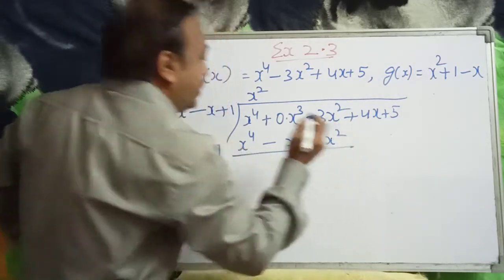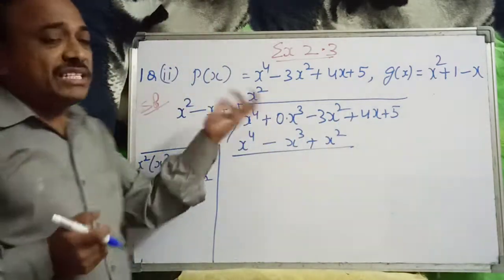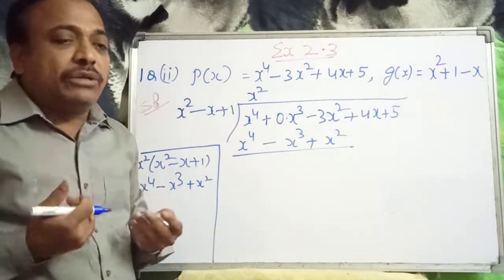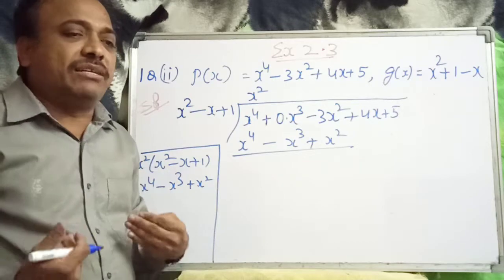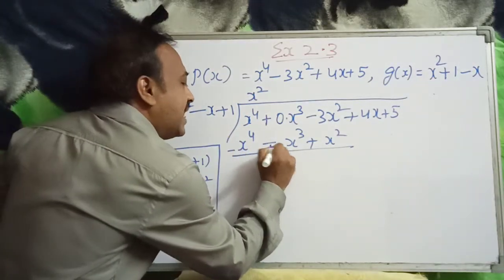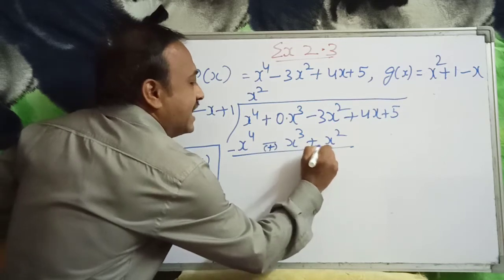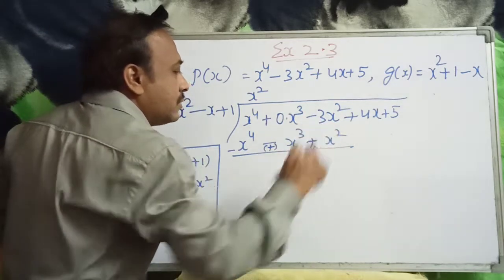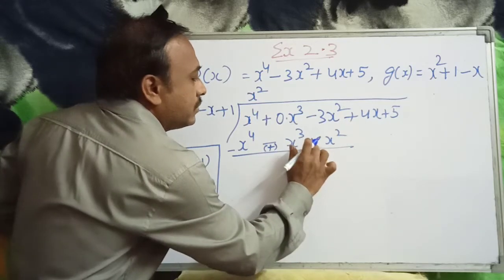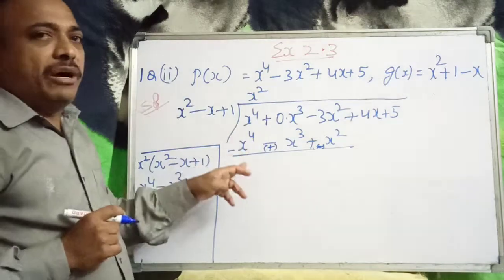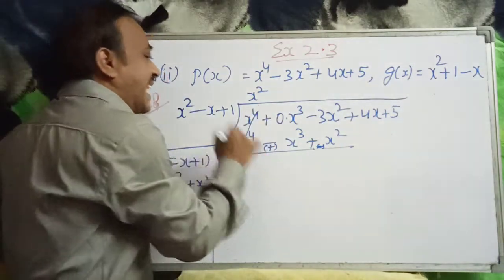Now as we know, at division time we subtract. While subtracting we need to check the signs, because subtraction is nothing but changing the sign. This becomes minus, then plus, then this is minus. Now x to the power 4 minus x to the power 4 gets cancelled.